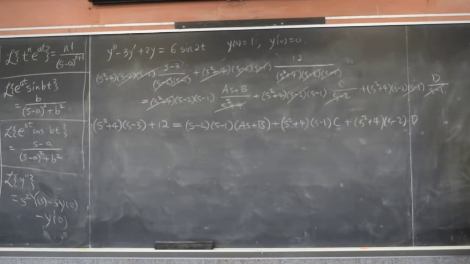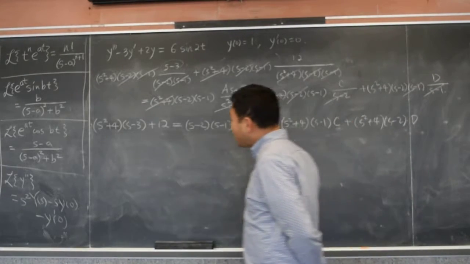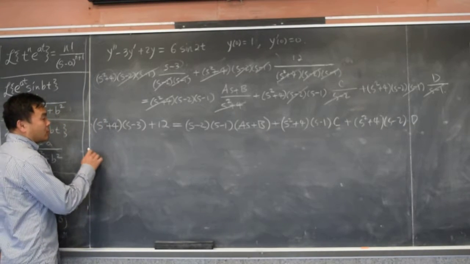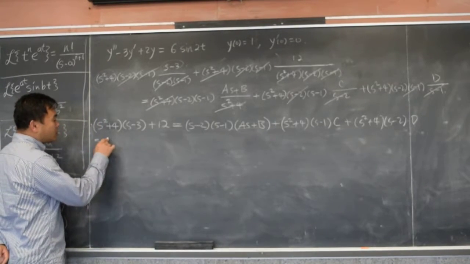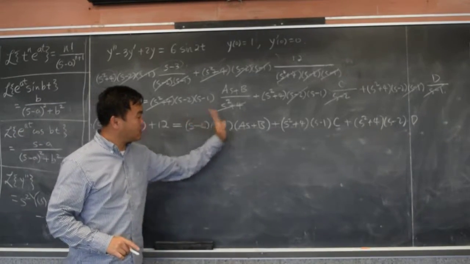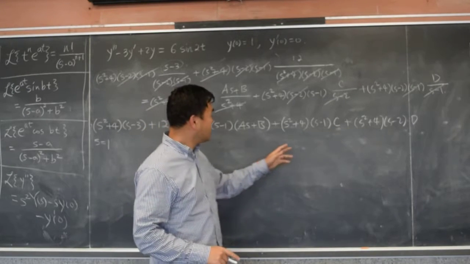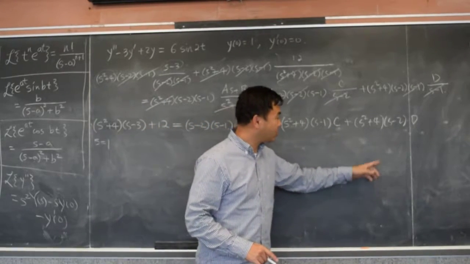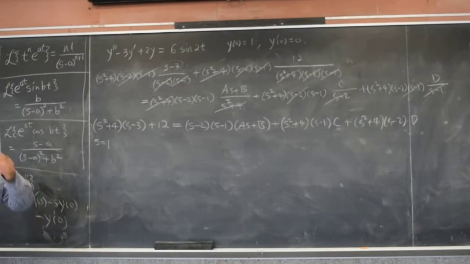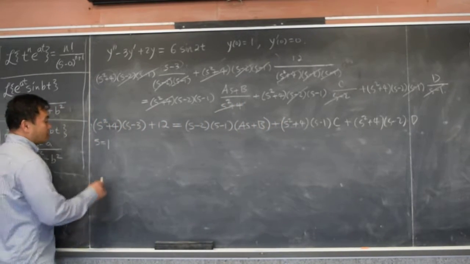Okay? So that means we're free to plug in anything for s. And I choose s to be 1 because I know that if s is 1, this becomes 0, getting rid of this entire thing. If s is 1, that also becomes 0. This one survives, right? So we get an equation in D which we can easily solve. So let's see.